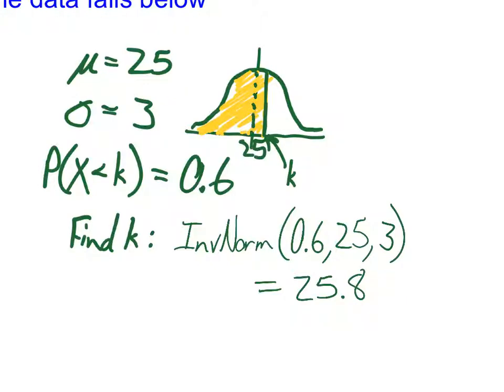If we wanted to figure out how many cars he has at least a 60% chance of selling, that'd be 25.8 cars. So 60% of the time, he's going to sell probably 26 cars. That's what we're saying here. It's just a value of X in the situation.